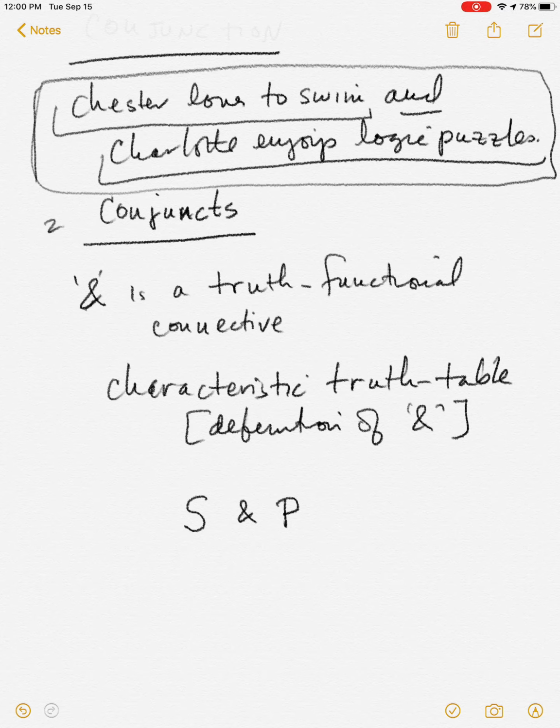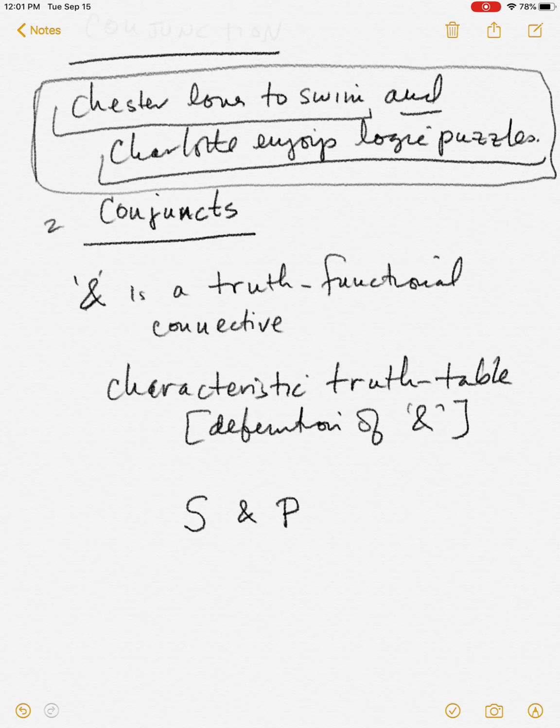So back in chapter 1, we were thinking about situations in which sentences are true or false, circumstances in which sentences are true or false. And now we're going to think a little bit more generally about what are the situations that might obtain here that are relevant to the truth value of the conjunction Chester loves to swim and Charlotte enjoys logic puzzles.